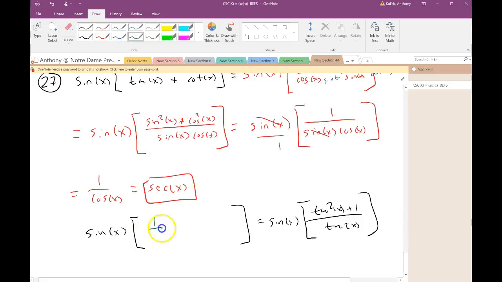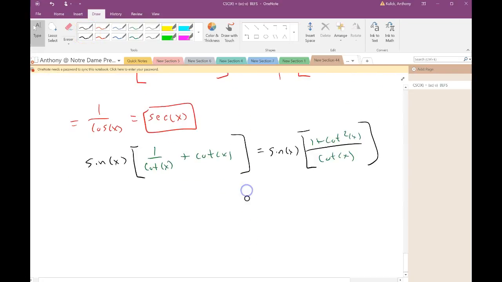So what if I did 1 plus cotangent, and then cotangent? So that's 1 plus cotangent squared over cotangent. And 1 plus cotangent squared, you should recognize, that's cosecant squared.